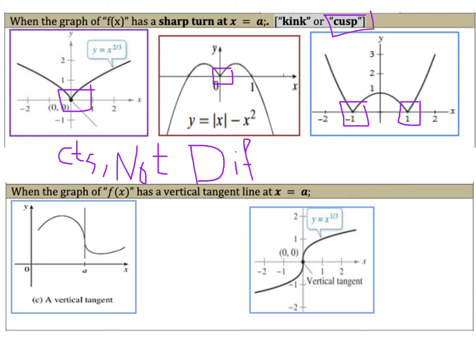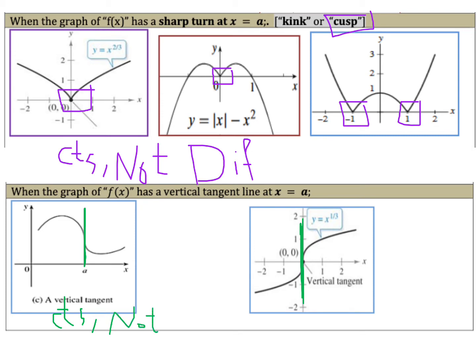The last one, it is also continuous, but unfortunately there is a vertical tangent. So if there is a vertical tangent, the line that touches the graph vertically, it is vertical tangent, so it is also not differentiable.